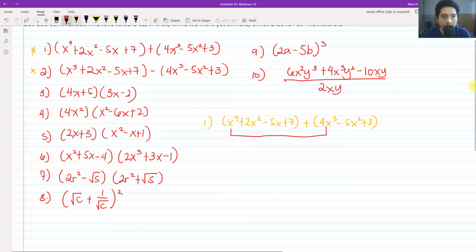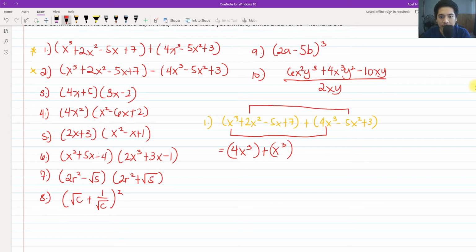So for example, we can group it by 4x cubed plus x cubed. We can add this, and for those who have x squared, that's plus 2x squared, and then plus negative 5x squared, because of the negative here. And for 5x, we don't have any x terms on the other polynomial.